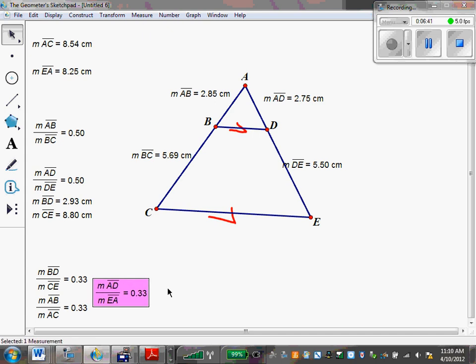Okay, so the sides are in the ratio of 1 to 3, but the segments that the parallel lines split the two sides of the triangle into are in the ratio of 1 to 2, or close to it.